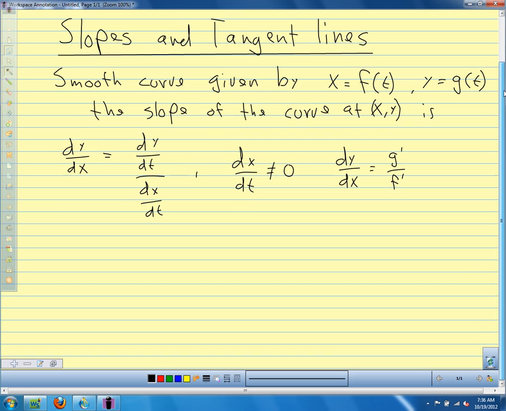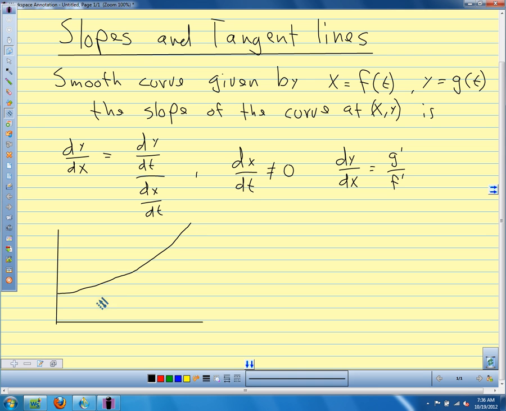And the proof of this is very, very straightforward. I'll sketch it out really quickly here. Here's our graph. Here's our curve, like so. And we want the slope at a particular point.